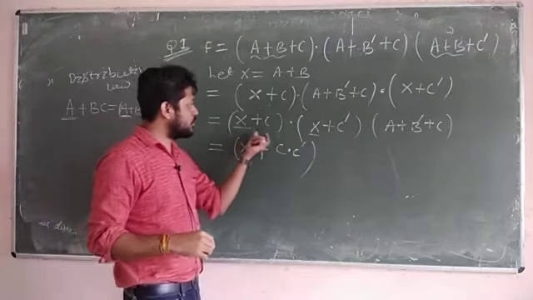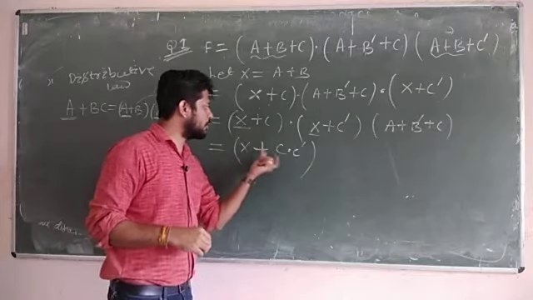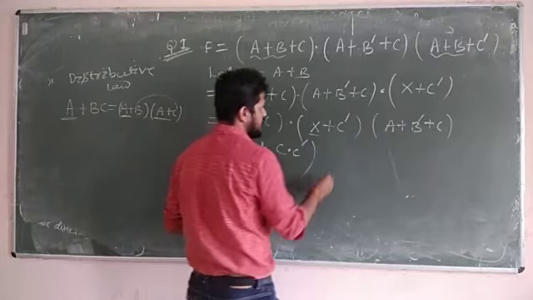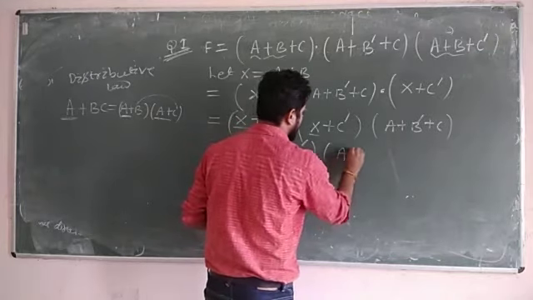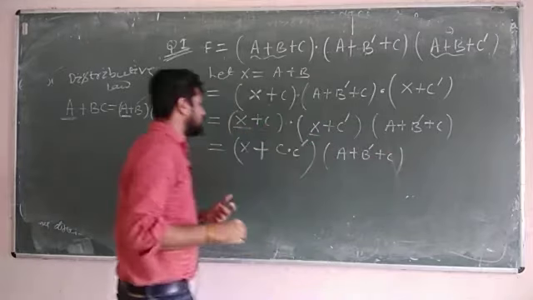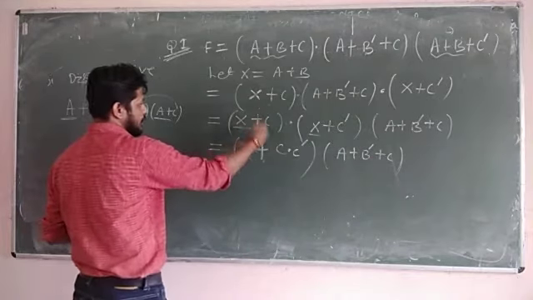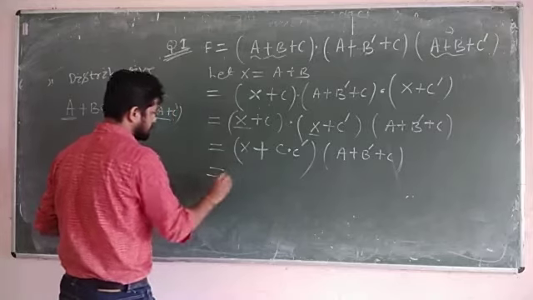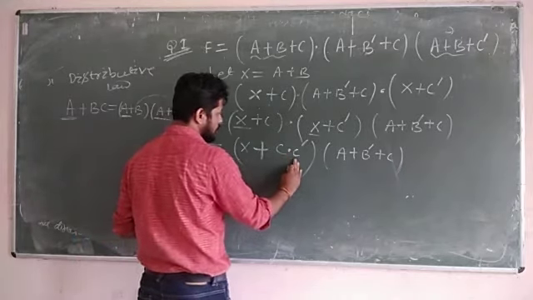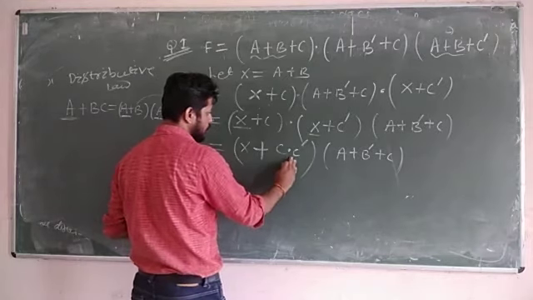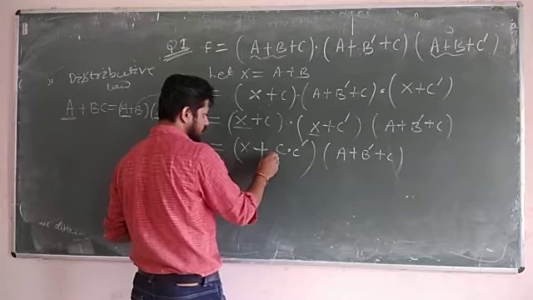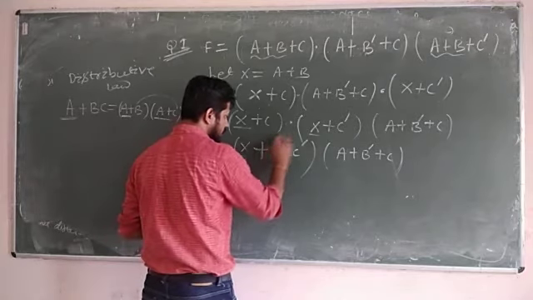See, this distributive law is very important with respect to Boolean algebra. You need to carefully apply that law: (X or C C complement), then (A or B complement or C). This step I have done from your distributive law. C and C complement is always equal to 0. This is the conclusion from your AND gate: if one of the variables is complemented and ANDed with the same variable, the product will always be 0.